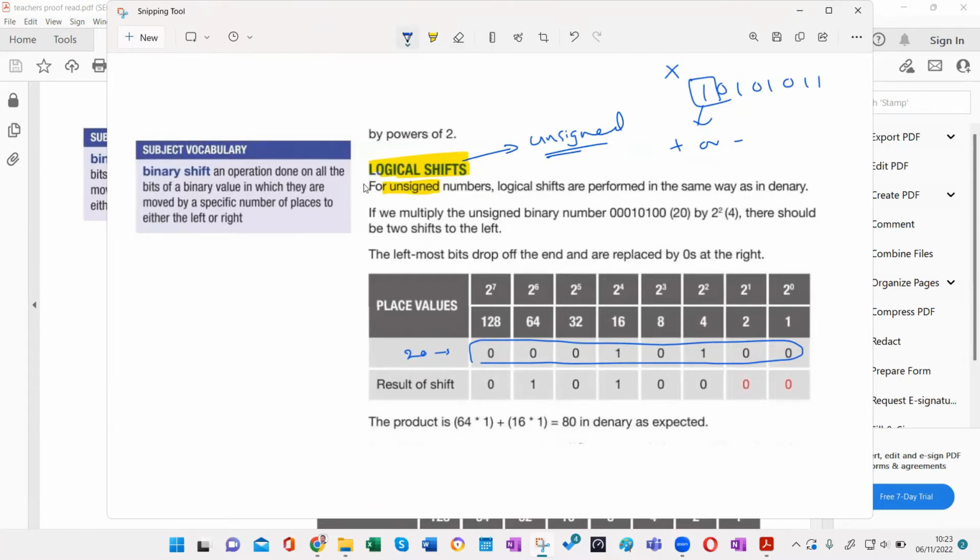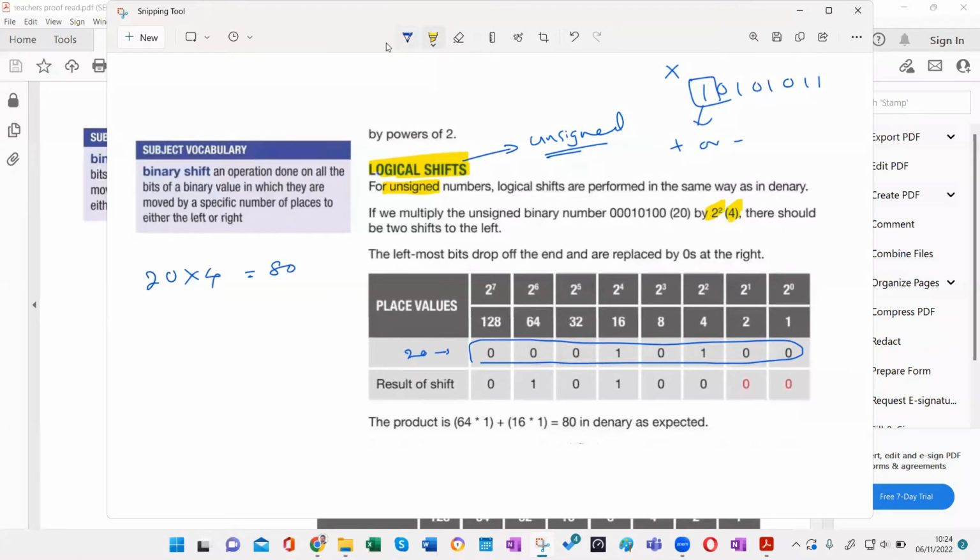What have we done? If we multiply the unsigned binary number by 2 to the power 2, which is 4, what will happen? If you multiply 20 by 4, you are supposed to get 80. Now let's see whether we get that when we shift the bits.